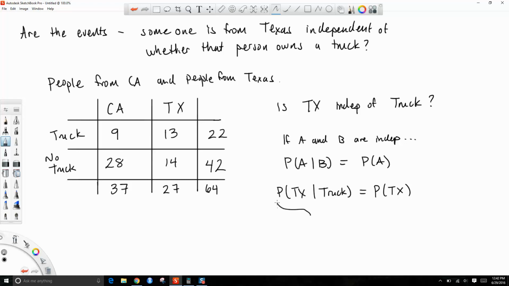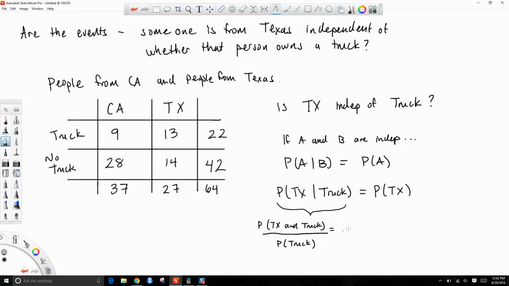Okay, we would say this is the probability of Texas and truck, and in the denominator we would put what? Probability of truck, right? Or if not probabilities, then we can just deal straight with counts.